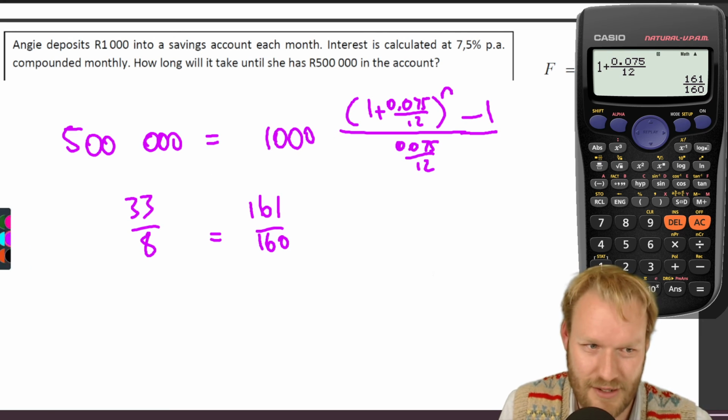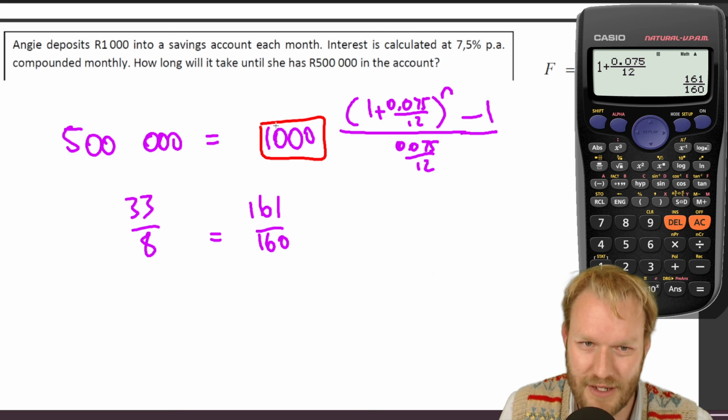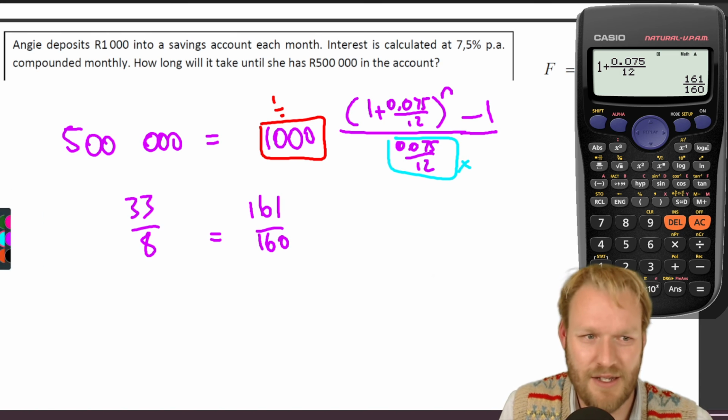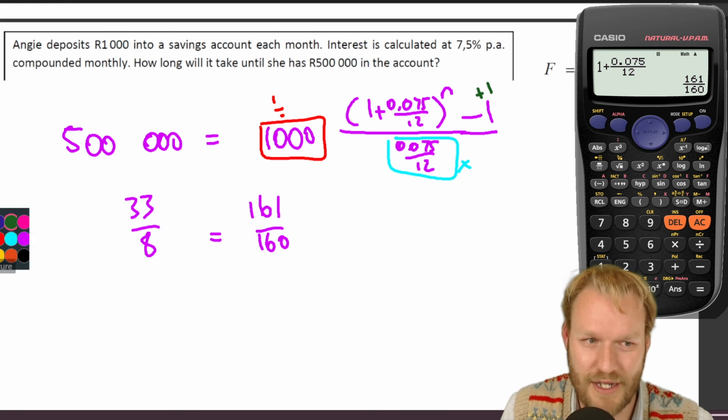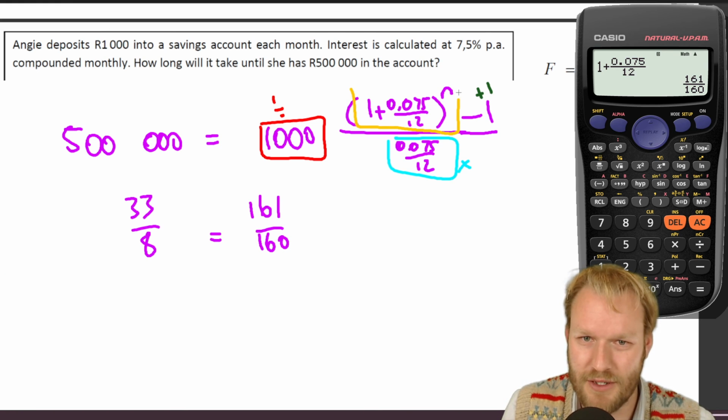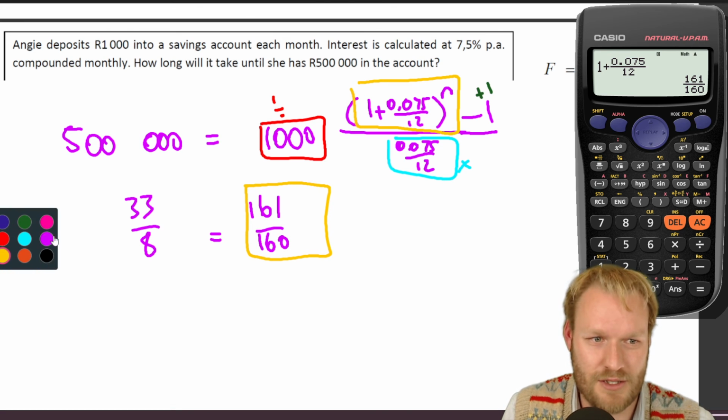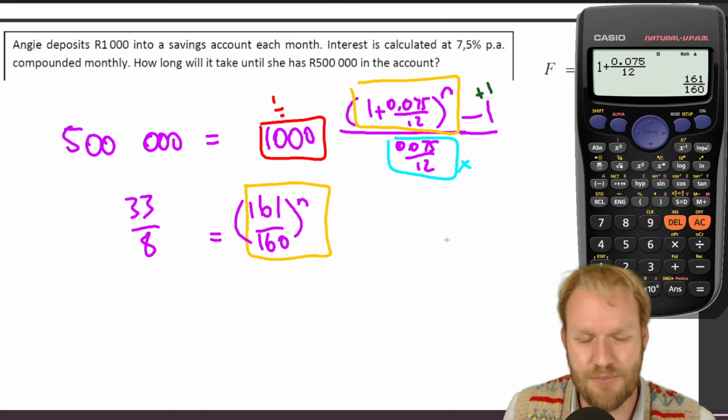Then multiply. So first divided by that. And then in the next step, just to make sure that you got what I was doing, I multiplied by that. And the last thing I wanted to do was plus 1, so that all we're left with is this bit over here, which is this bit over here, to the power of n.